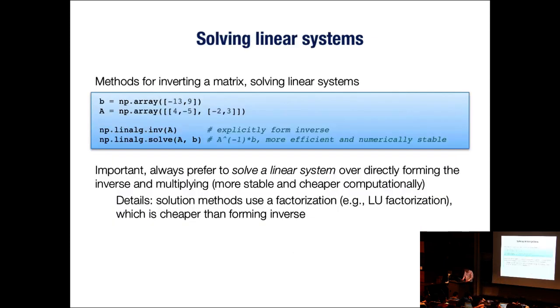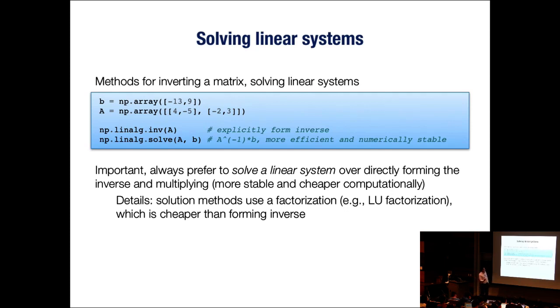All right, last slide about NumPy is solving linear equations. So we had our equation before, b and a. We had our Ax equals b, set up our equation. How do we go about finding x? Well, there's two ways you can think about doing this. I could form the inverse of a and multiply it by b, and that would give me x.